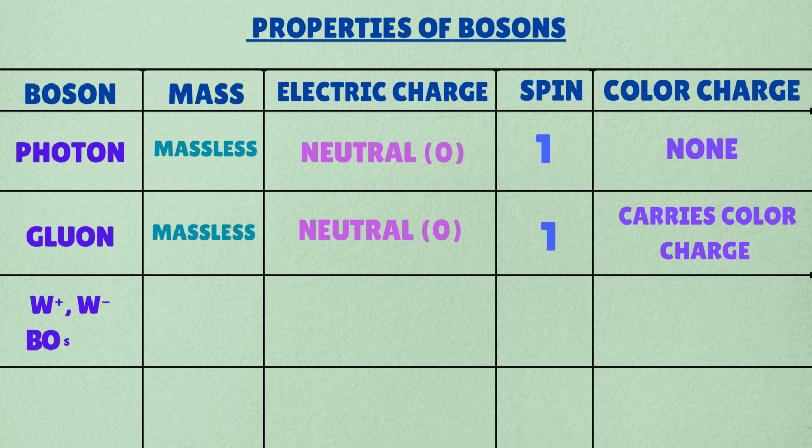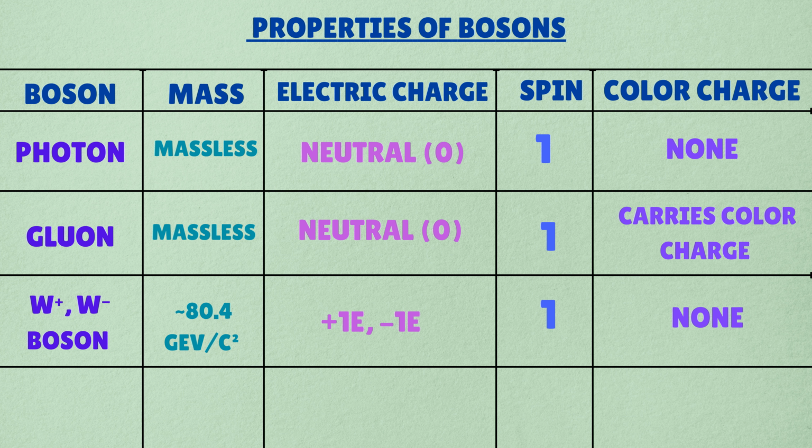W+ and W- bosons. The W bosons are massive, with a mass of around 80.4 gigaelectron-volts per speed of light squared. The W+ carries a positive electric charge, while the W- carries a negative charge. Like the photon and gluon, the W bosons have a spin of 1, but they do not carry color charge.